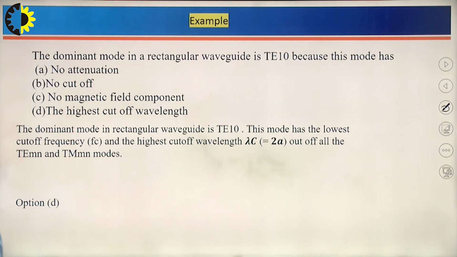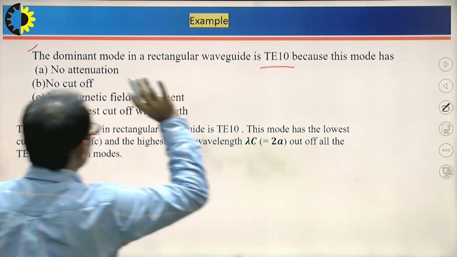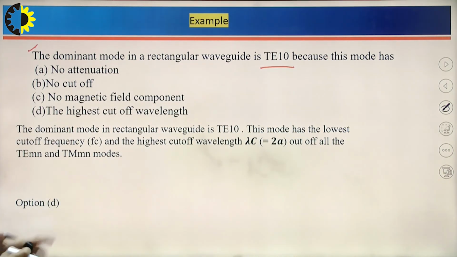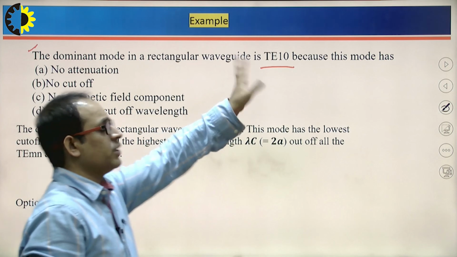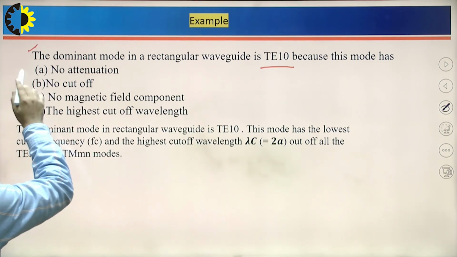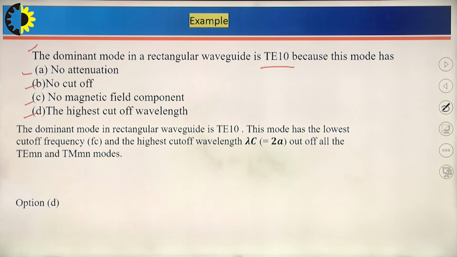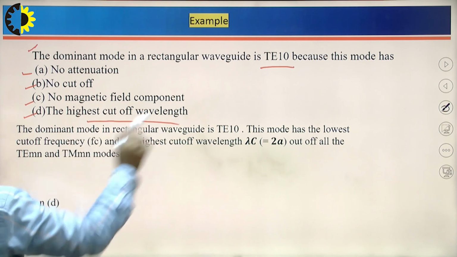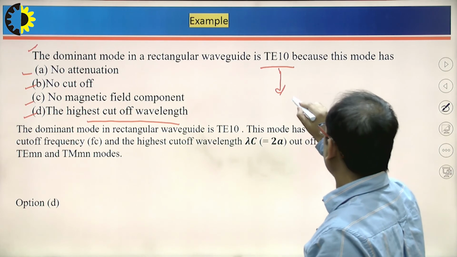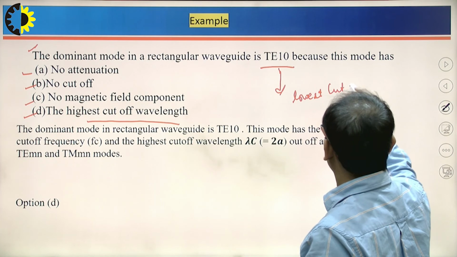Now the next example: the dominant mode in a rectangular waveguide is TE10. We know that because this mode has what? The options are: no attenuation, no cutoff, no magnetic field, or the highest cutoff wavelength. The dominant mode is the one having the lowest cutoff frequency.